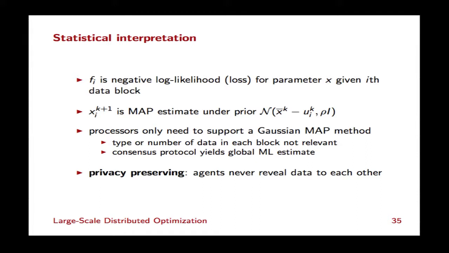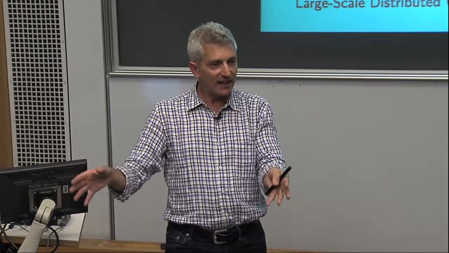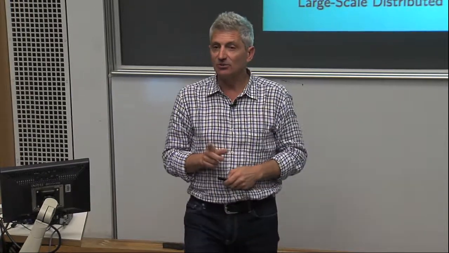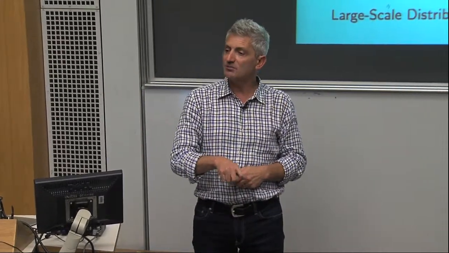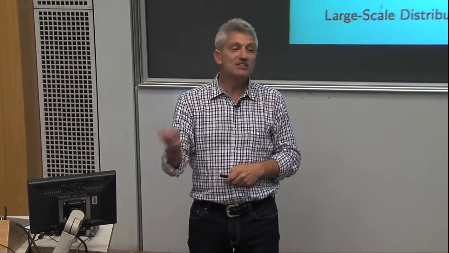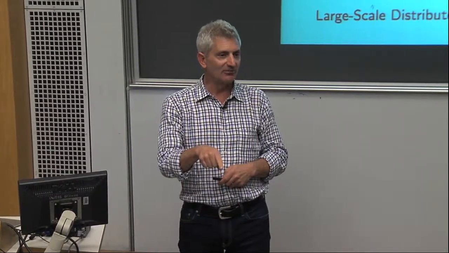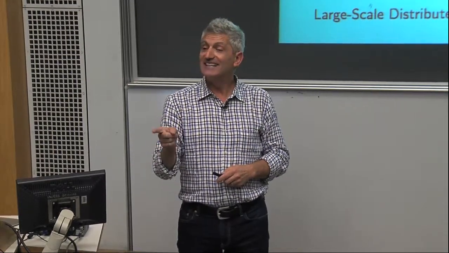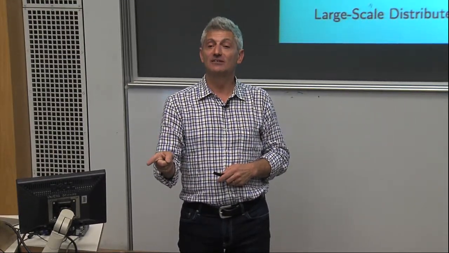So it's a beautiful statistical interpretation, too, because what it says is that if I have a bunch of entities, each has access to some gigantic pile of data, then all each one has to do is minimize its own local loss plus a quadratic. If its loss is the negative log likelihood function, the quadratic is the negative log density of a Gaussian.